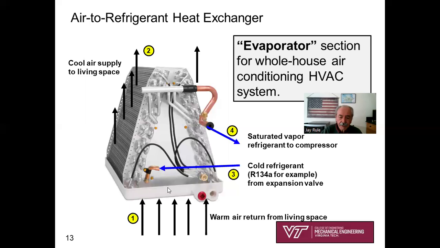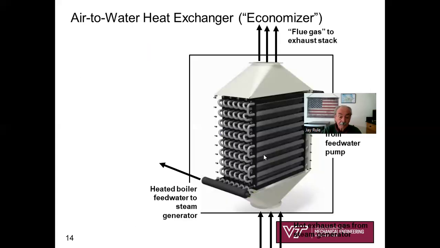It's warm air coming in to be cooled, and state 2 is cool air going back to your room. We've got really, really cold refrigerant coming in at 3 into these finned cooling coil tubes, and coming out at 4 warmer. So you get the idea that we're exchanging heat from air into refrigerant.